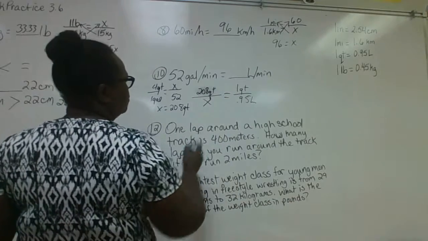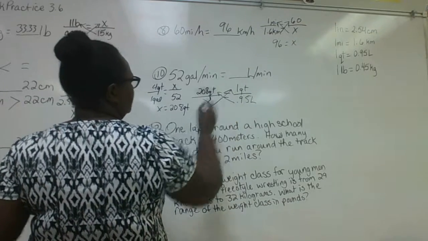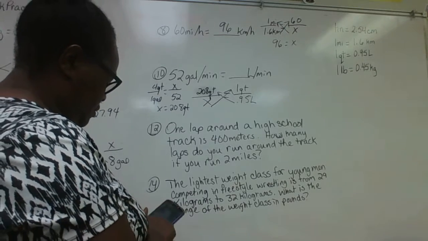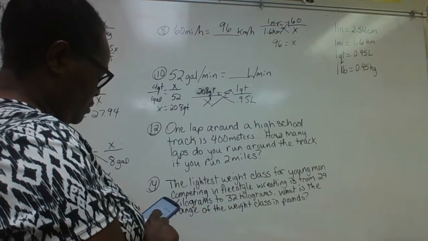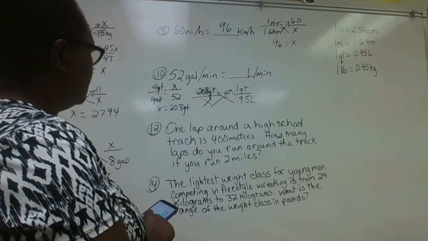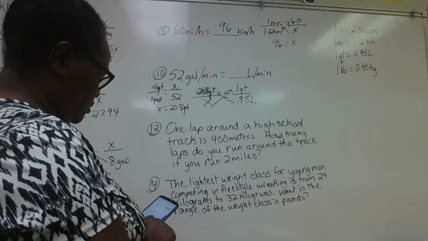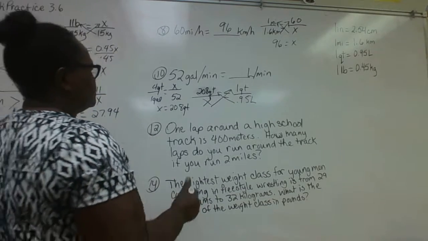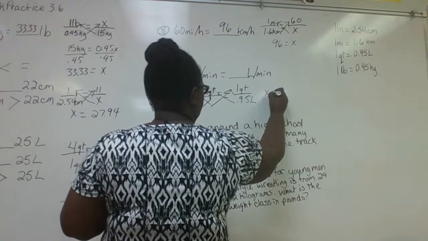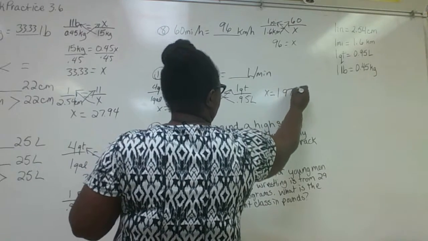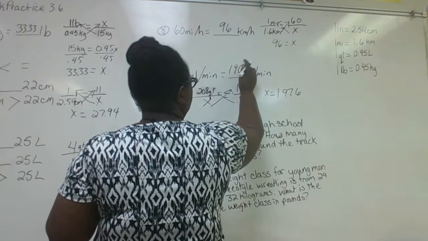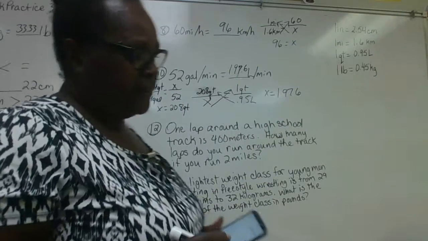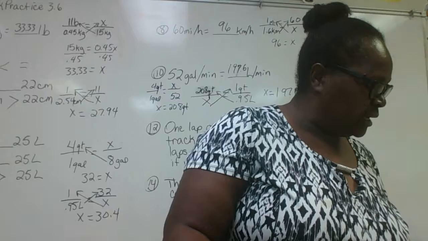All right, and so then we cross multiply, 208 times 0.95, and we have that X is equal to 197.6. So 197.6 liters. Okay? All right, I need to hustle up so I don't run out of time.